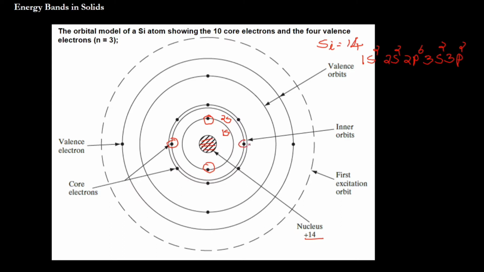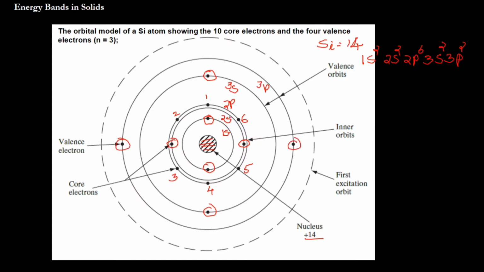Then the 2p orbits have electrons 1, 2, 3, 4, 5 and 6, and this is the outer orbit, 3s. There are 2 electrons, and 3p also has 2 electrons.